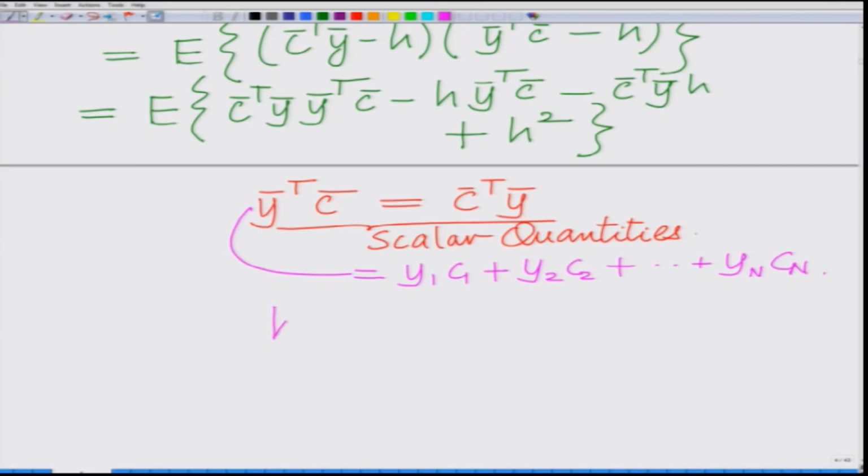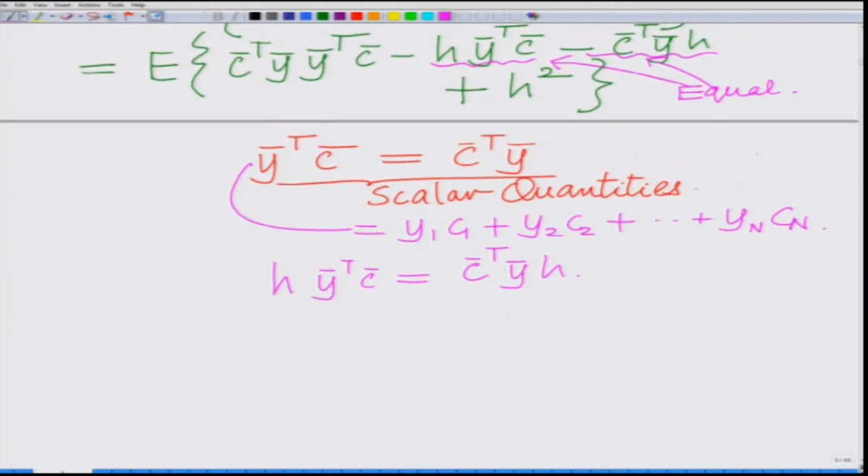Now I can multiply both sides by h, h is a scalar quantity: h y bar transpose C bar equals C bar transpose y bar h. So these two quantities are equal. Now we are going to use this principle to simplify this.